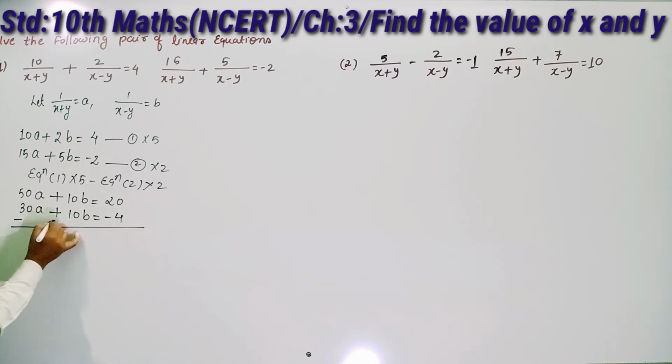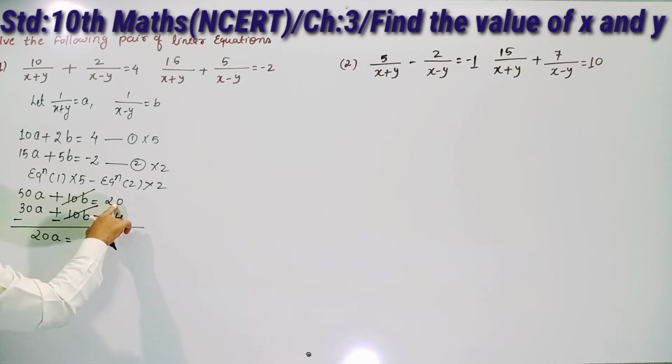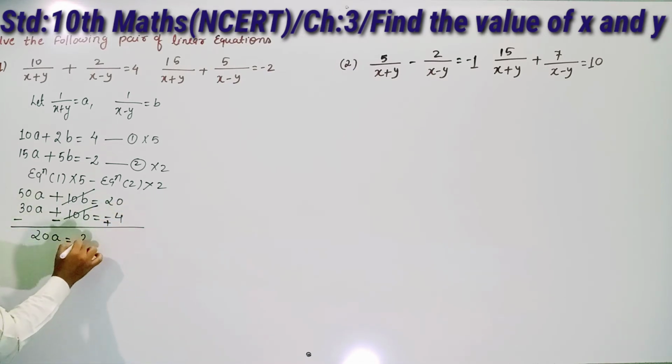So 10b minus 10b cancels, and 50a minus 30a is 20a, right? And here 20 plus 4 is 24.